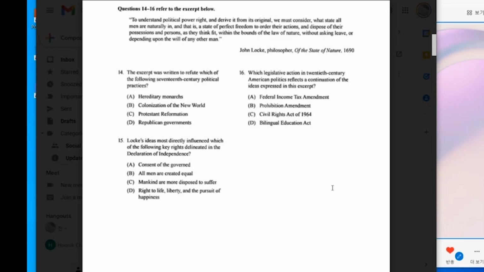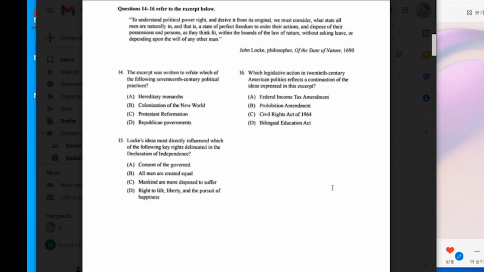So government authority was not something that should be taken for granted, and it's not given by God, right? So it would be against the then-prevailing political thought, which was absolute monarchy, right? So which one will be the answer according to this logic?